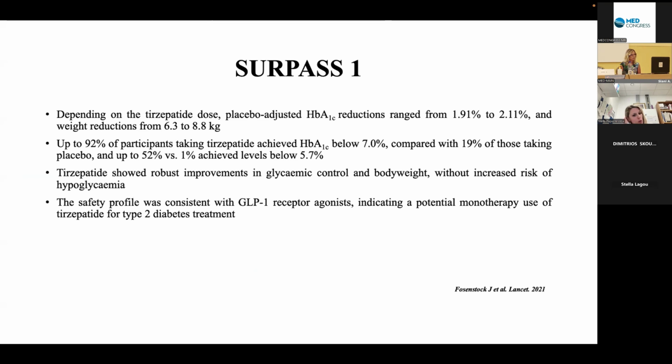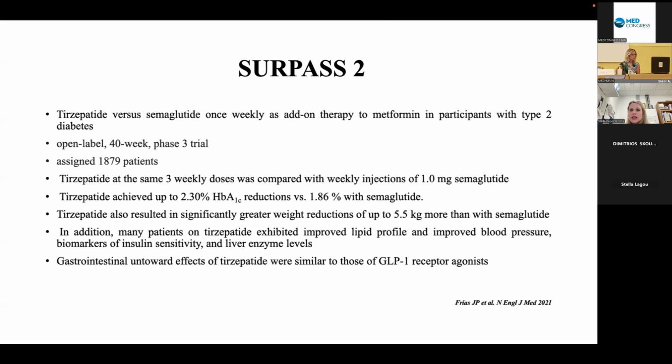Tirzepatide showed robust improvement in glycemic control and body weight without increased risk of hypoglycemia. The safety profile was consistent with GLP-1 receptor agonists, and this indicates a potential monotherapy use of tirzepatide for type 2 diabetes mellitus treatment. SURPASS 2 studied tirzepatide versus semaglutide as an add-on therapy to metformin in participants with type 2 diabetes.